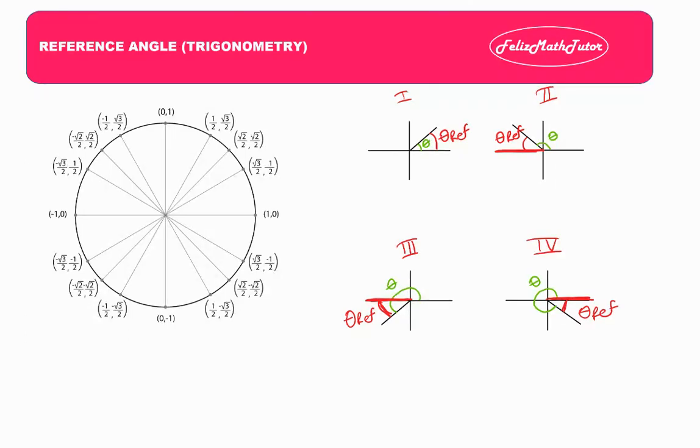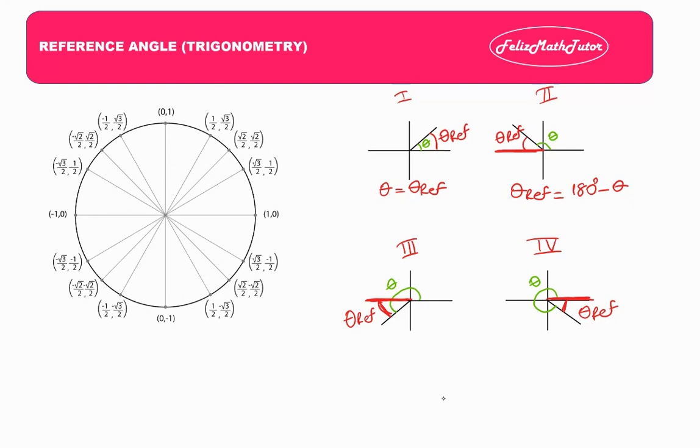When we are finding a reference angle in the first quadrant, theta reference equals theta. In the second quadrant, theta reference equals 180 degrees minus theta, right?